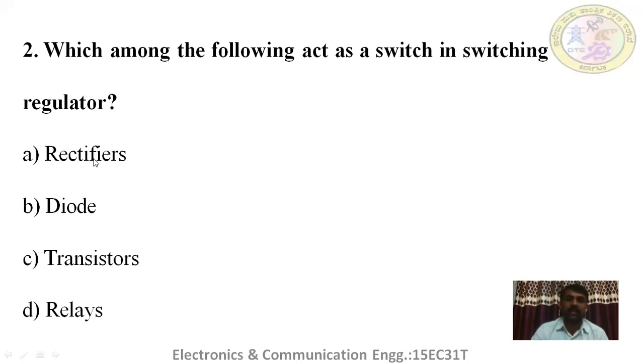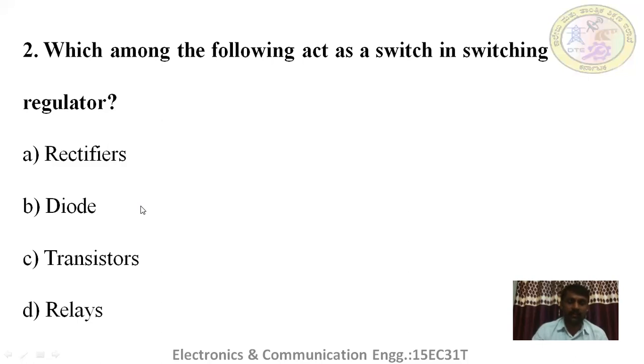The options are rectifiers, diode, transistor, relays. Is it rectifier? It is just a circuit. This circuit is used only to convert from AC to pulsating DC. So this is not a suitable answer.